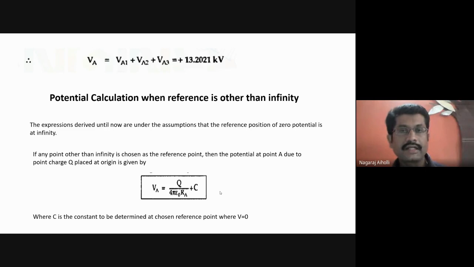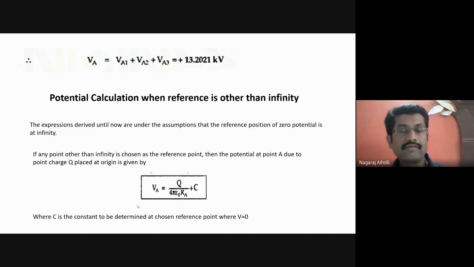If we are considering the reference other than infinity, then the constant comes into the picture in the equation VA is equal to Q by 4 pi epsilon naught RA plus C. What is this C? C is the constant determined at the given reference point, where the potential is 0 volts. Remember, at infinity we consider the potential as 0 volts.